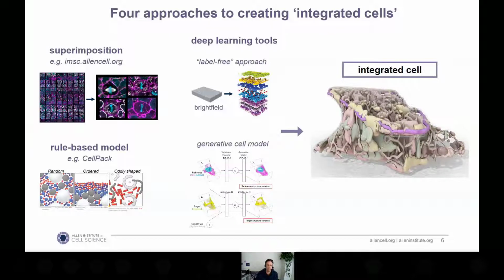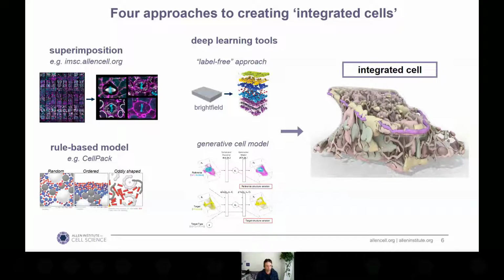We are studying 4 different approaches to integrate information across structures. Very briefly, there is the idea of superimposition. We have many cells, and many cells that look alike. And we can superimpose cells with different organelles imaged in order to get multi-organelle composite images.